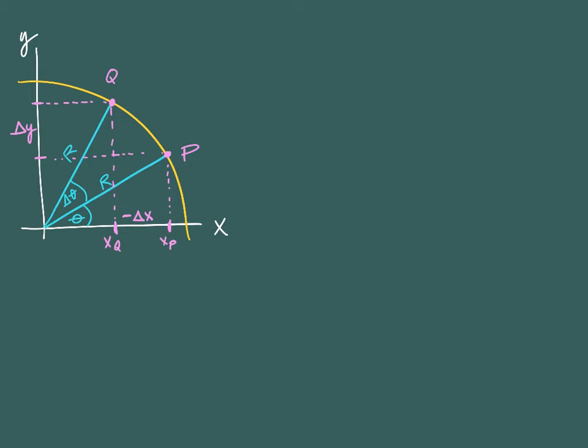Of course, this one's positive because we're moving up, going from y sub P to y sub Q. So the change in y is positive because it's going up, but the change in x is negative because it's going back. And these delta x's and y's are going to be associated with angles, that are associated with another aspect of motion in this situation.